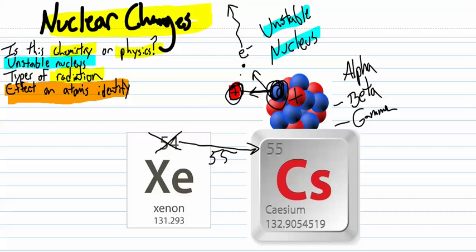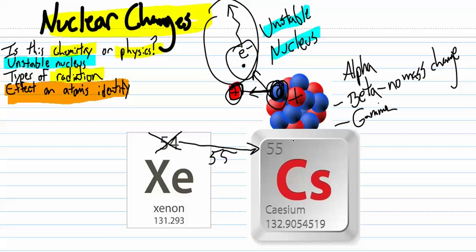So how much mass did the atom lose? It lost the mass of an electron. And how much is that? That's pretty much nothing. So when you give off an electron, it's called beta radiation. And basically the mass change is negligible, so we pretty much ignore it. Now, if anybody's watching, they're like, but look at these masses.